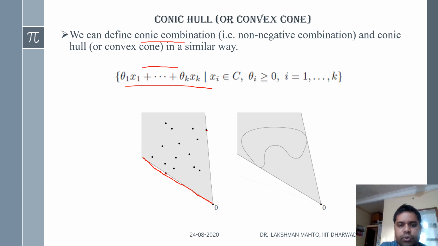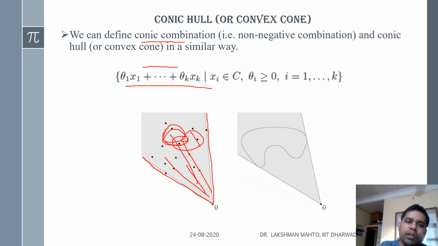We find a ray passing through those points by taking non-negative linear combinations of them. After that, we consider every other conic combination. In that process, we get the conic hull of these given points. Once you take all possible conic combinations, you can name it a convex cone. It is a more suitable name.